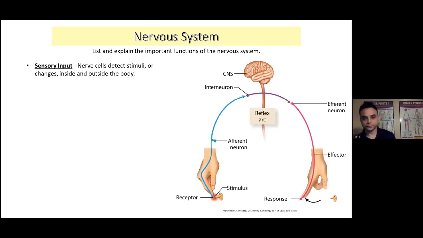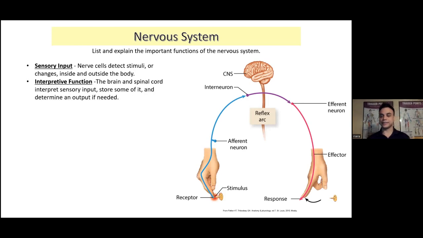So first off, the nervous system, in its basic sense, receives sensory input, right? So we have a lot of specialized receptors out there that detect all these certain things in the outside and internal environment. And then we're going to take that sensory input, bring it towards the central nervous system, and then interpret that. So basically, we're getting a message.